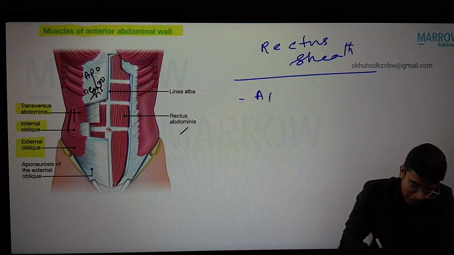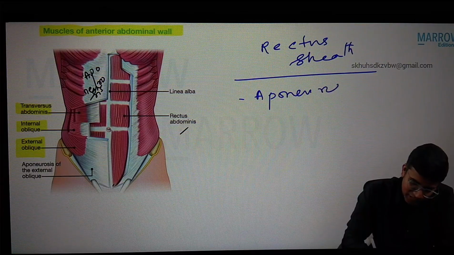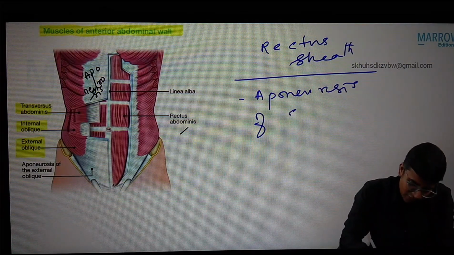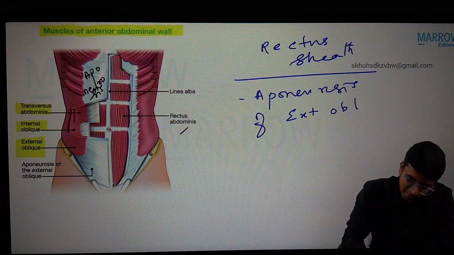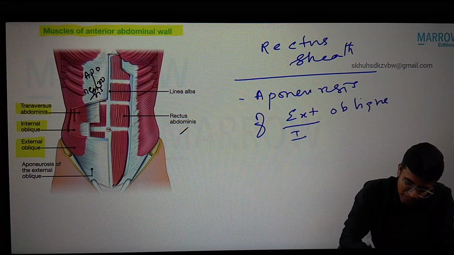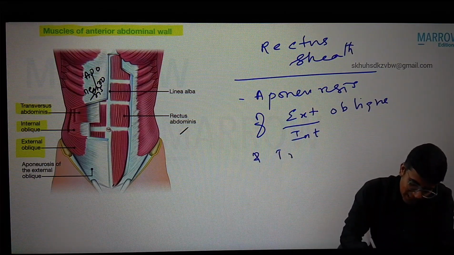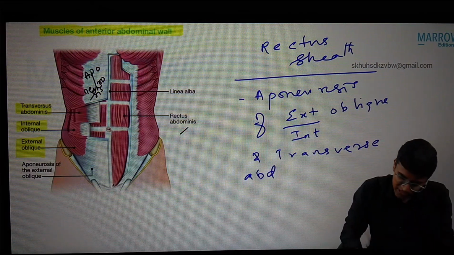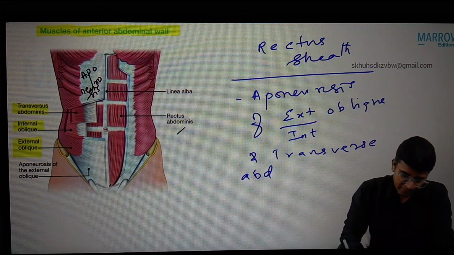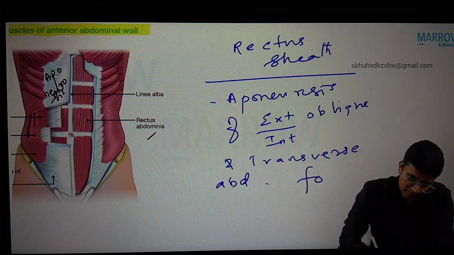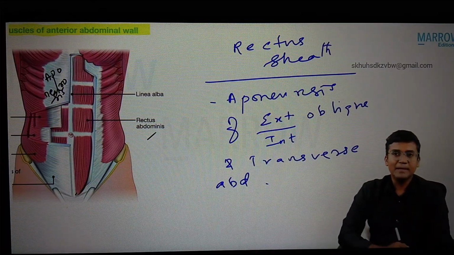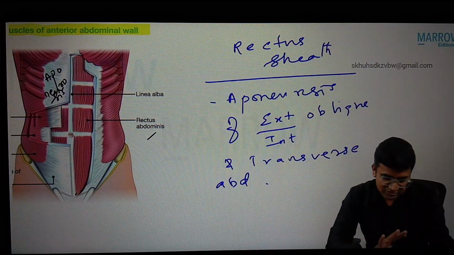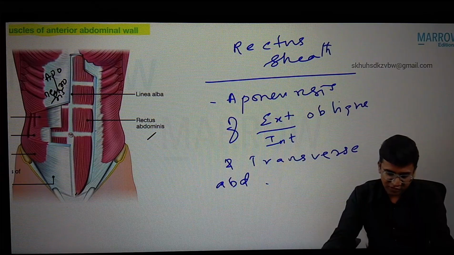Please write: the aponeurosis of external oblique, internal oblique, and transverse abdominis form the rectus sheath. Right. Now we're going to discuss the rectus sheath formation.